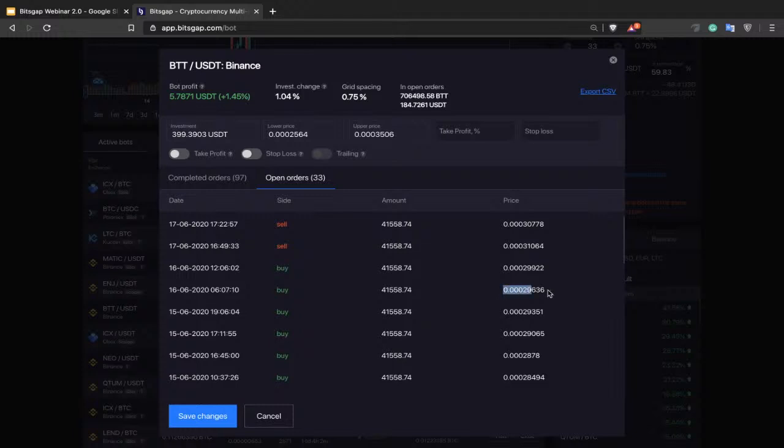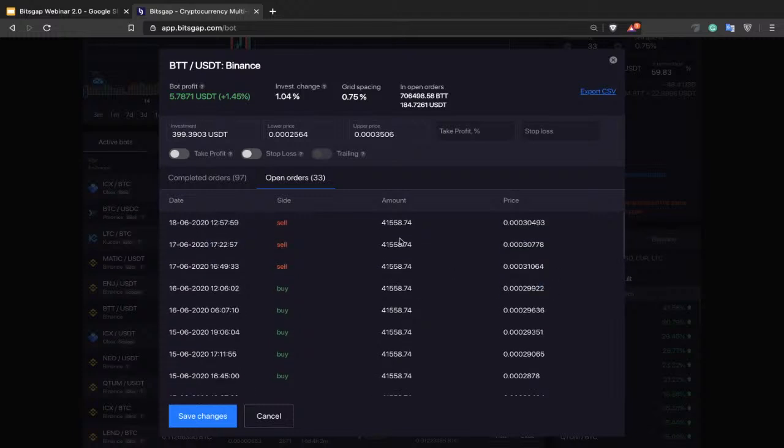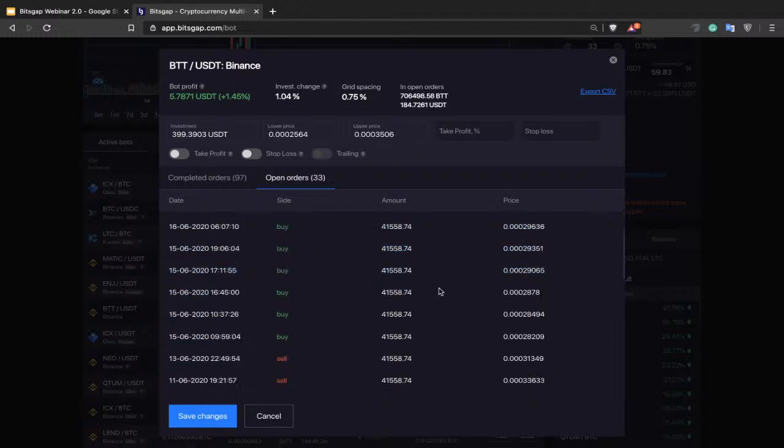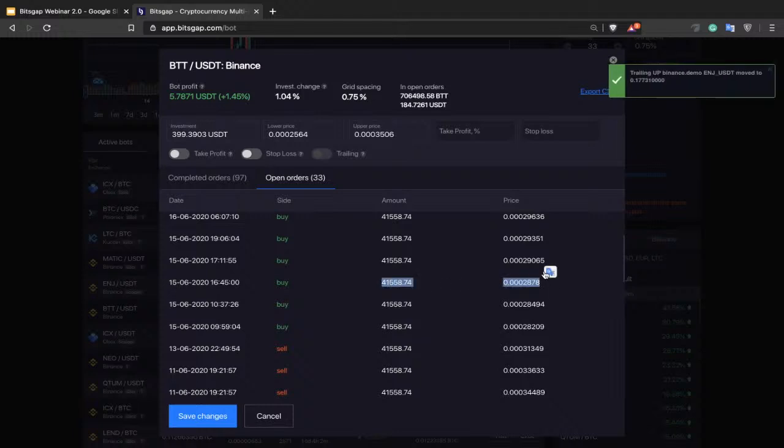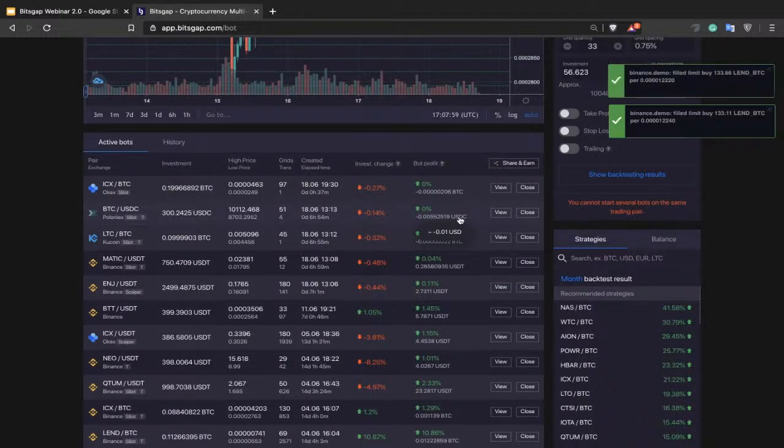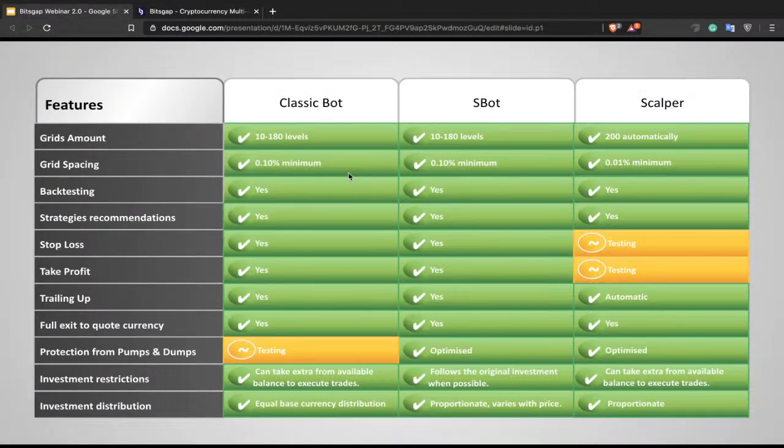You see, different price but the same amount allocation. So in this case, equal distribution is only in terms of the amount, whereas the investment allocation is different. In SBot we have proportionate investment allocation, in a way that you have equal investment buyouts from the market. So mainly technical differences.